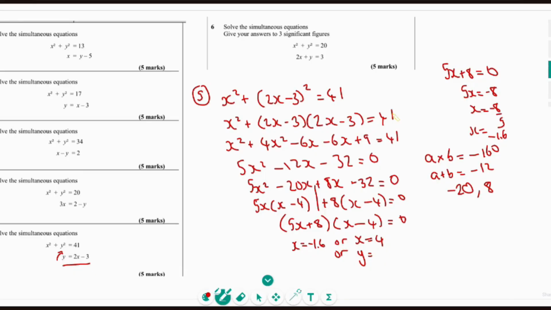When x is 4, y is 5. And when x is minus 1.6, y is negative 6.2.